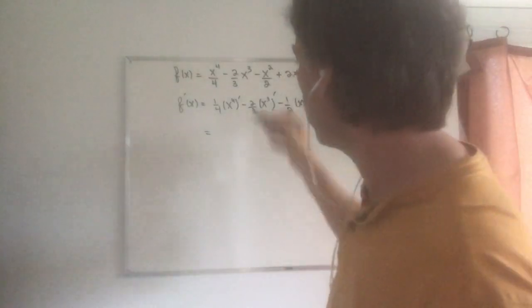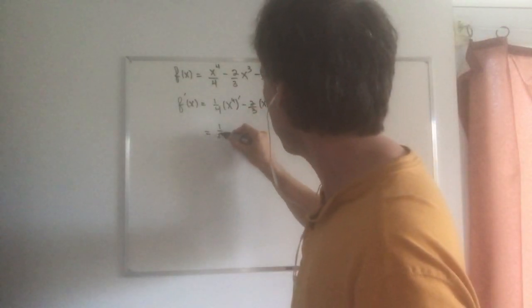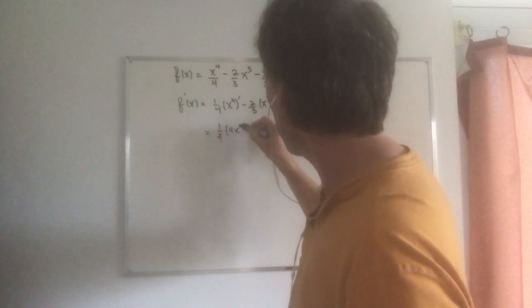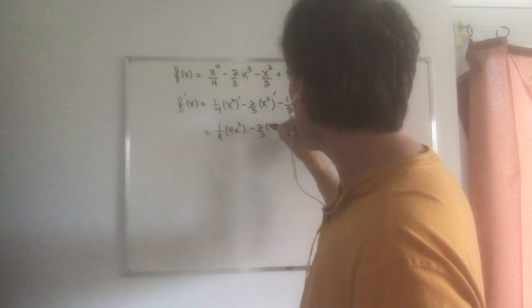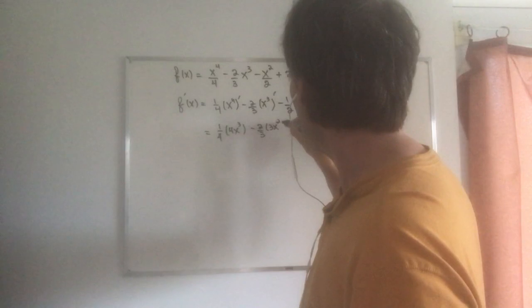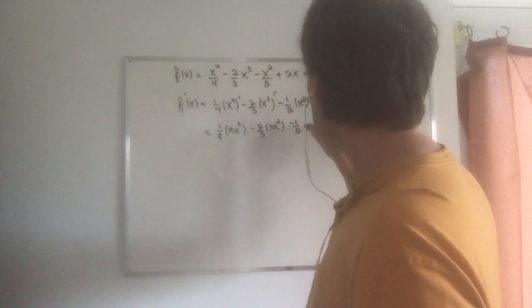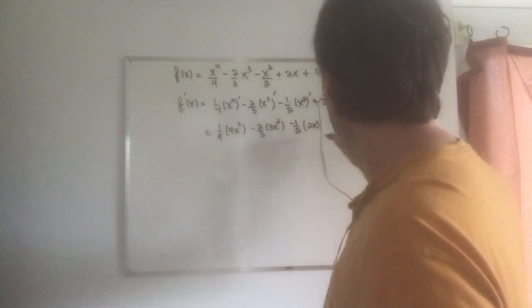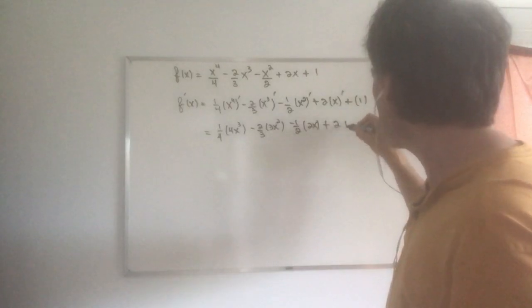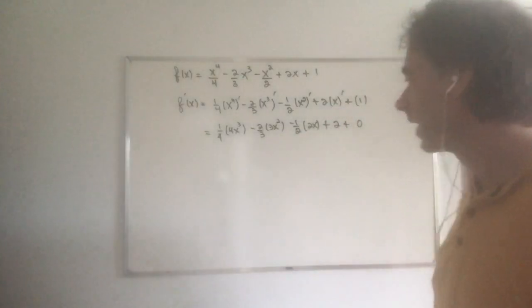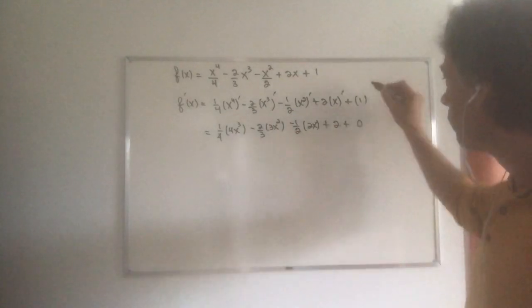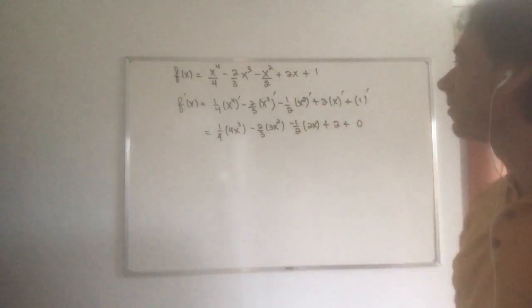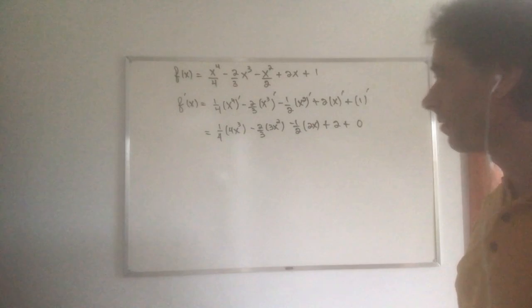So basically what I get here is 1/4 times 4x^3 minus 2/3 times 3x^2 minus 1/2 times 2x plus 2 plus nothing. Forgot my prime here. The derivative of a constant is 0.